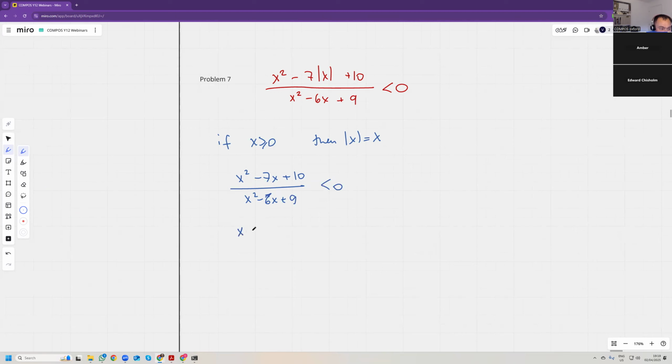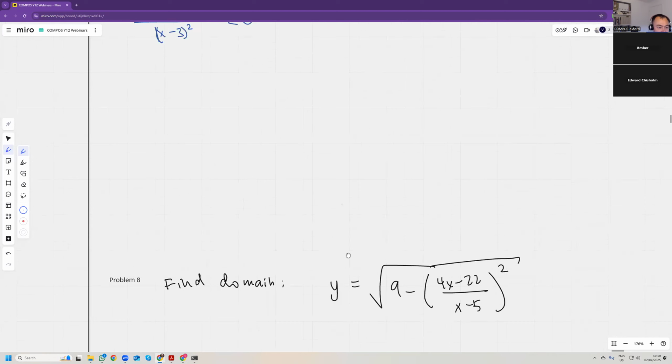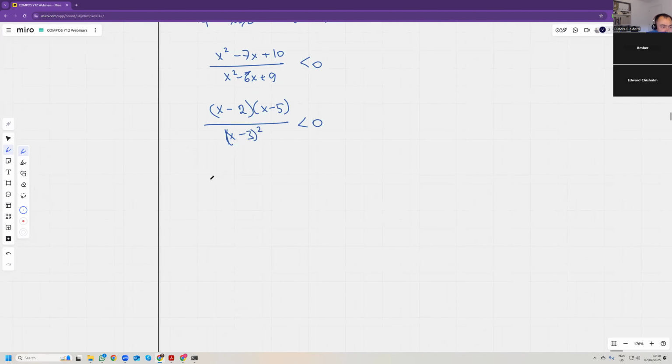You factorize: x minus 2, x minus 5, over x minus 3 squared, less than 0. And then you use the method of intervals. So the critical points are 2, 3, and 5. Positive, negative. There's no sign change at 3 because it's squared.